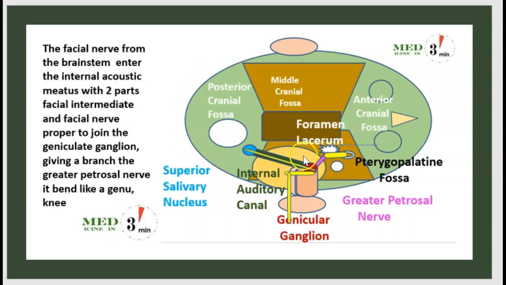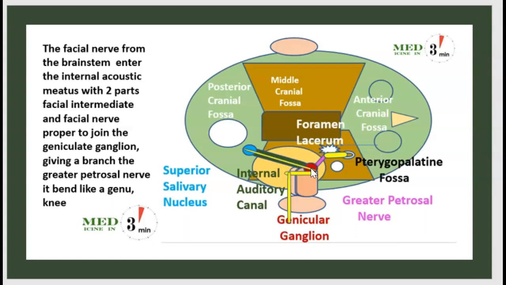Another way to illustrate: the anterior cranial fossa, the middle cranial fossa, the posterior cranial fossa, the temporal bone, and the petrous part of temporal bone. From this petrous part of temporal bone, there is the internal auditory canal that comes from the brainstem to the middle ear, especially to the geniculate ganglion, and the facial nerve describes a genu inside the geniculate ganglion going to the middle ear, to the posterior part of the middle ear.